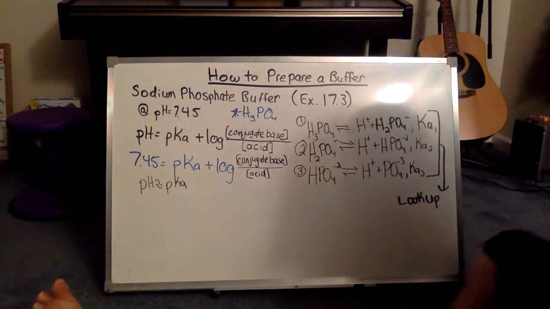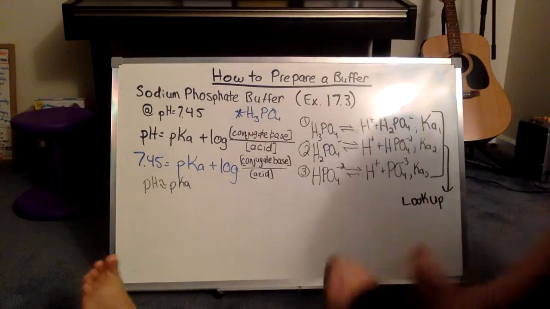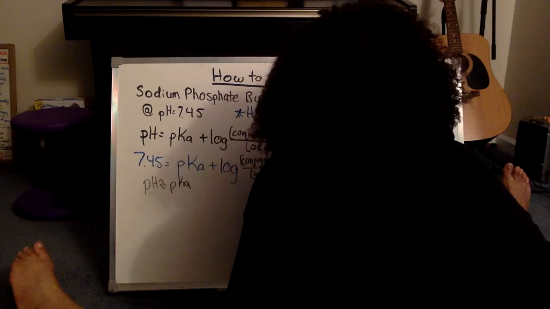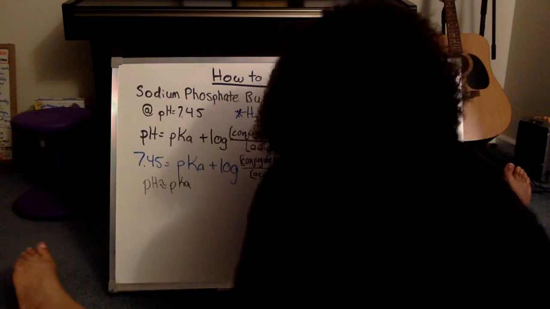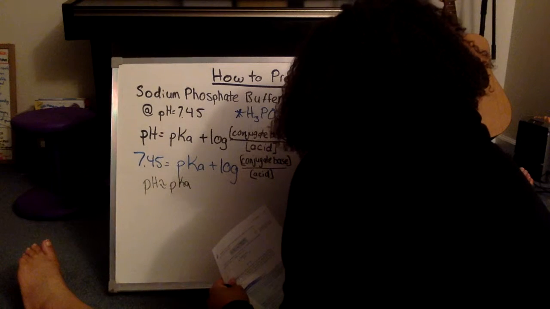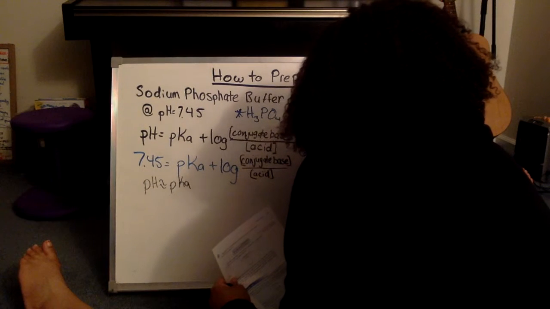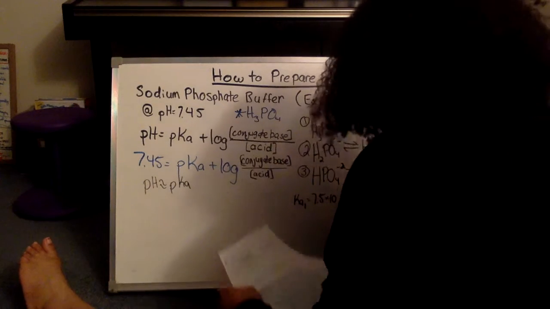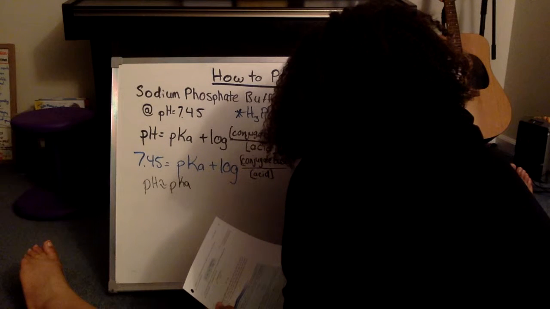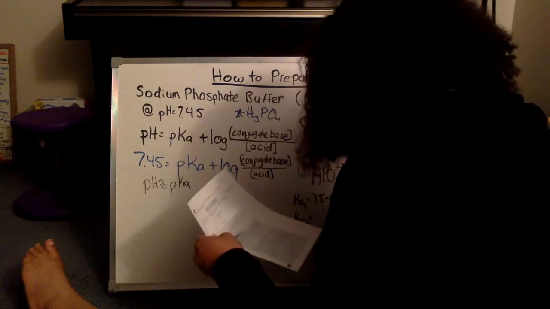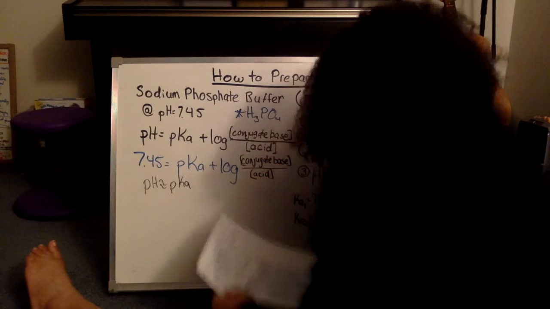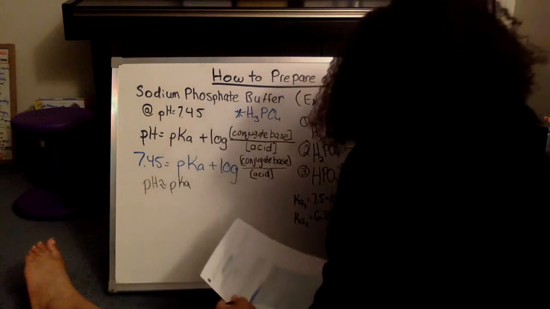So I'm going to write those down over here. For Ka1, the value is 7.5 times 10 to the minus 3. The Ka2 value is 6.2 times 10 to the minus 8.